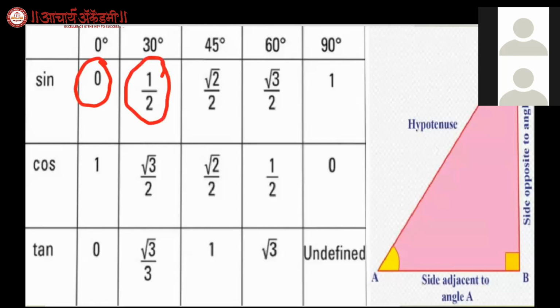The value of sin 45 is root 2 upon 2, or we can write it as 1 upon root 2. The value of sin 60 is root 3 upon 2, and the value of sin 90 degree is 1. So even though you learn the values of sin from 0 degree to 90 degree, it is easy to make this table on your own.